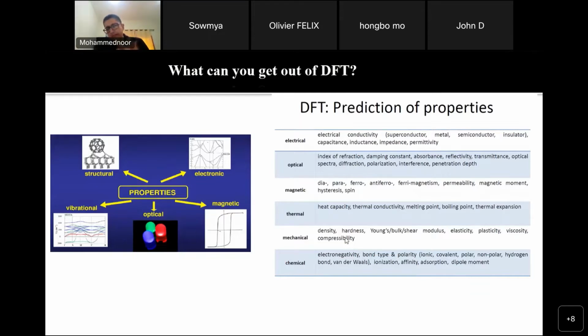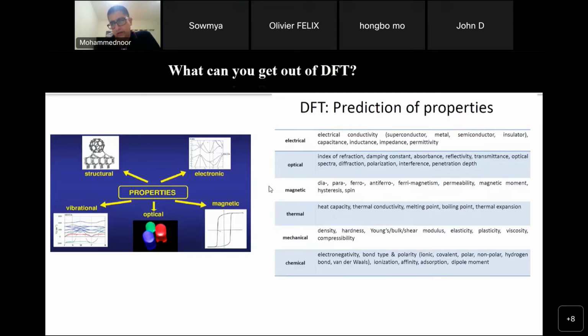Most importantly, in my case, as a chemical engineer, I train my students to use DFT to calculate thermal properties, for example, heat capacity, thermal conductivity, melting point, and so on. This is more for people who work on materials: they can use DFT to calculate, for example, the modulus constant, the compressibility, or the hardness, and so on.